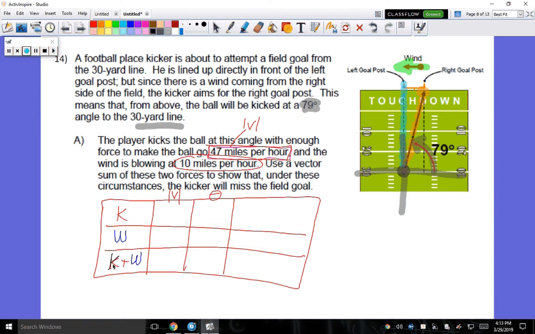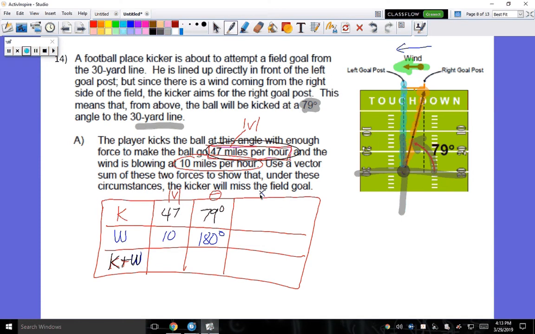The kicker is going to kick with this 47 miles per hour, at 79 degrees from that 30-yard line. The wind is blowing from the right to the left, so that is 180 degrees, and the magnitude of the wind is 10 miles per hour.